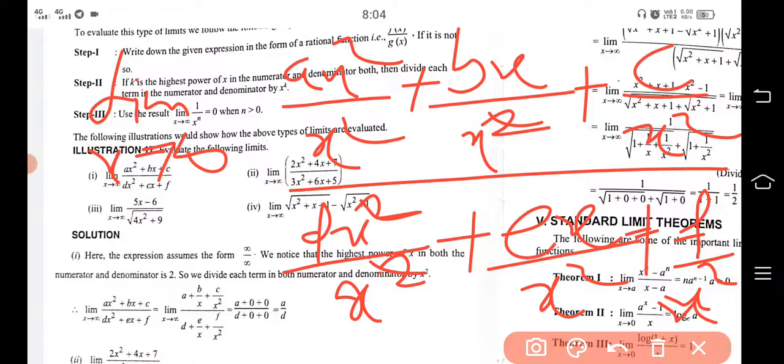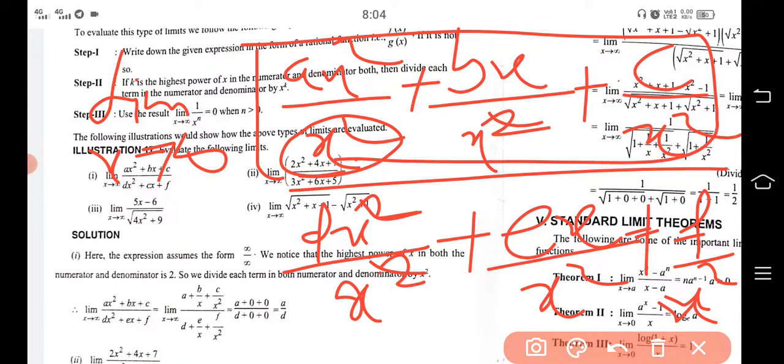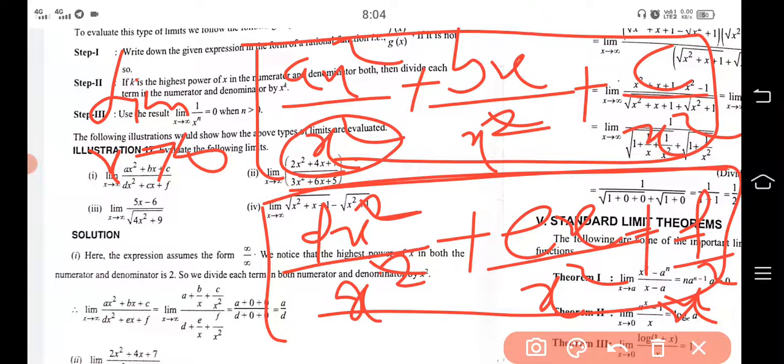Okay, so what we did is divide both numerator and denominator by x square. Clear?